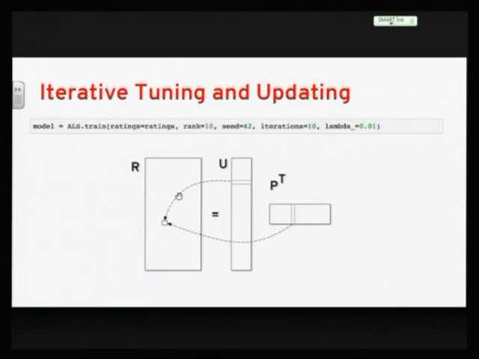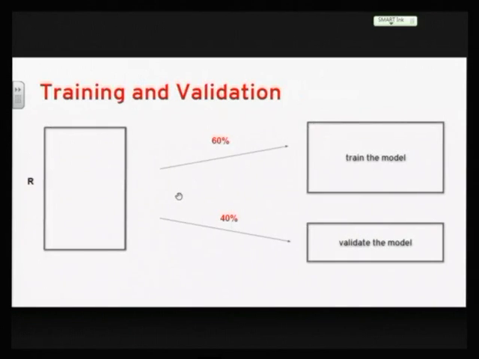I want to talk a little bit about the tuning that we do. I mentioned the parameters, so let's have a quick look at our tuning method. We're splitting our data into a standard training and validation set. The training set I've taken to be a random 60% of that original ratings database.